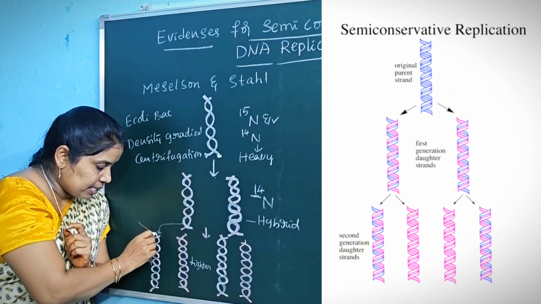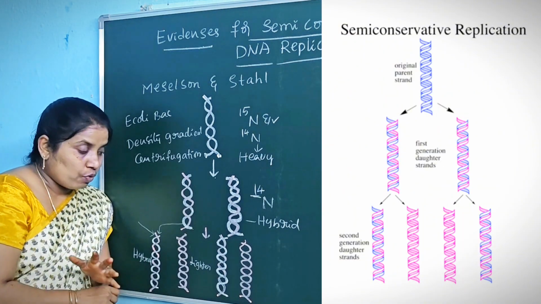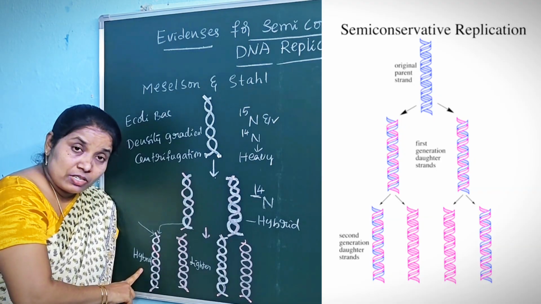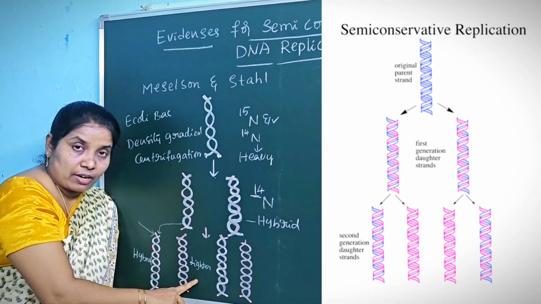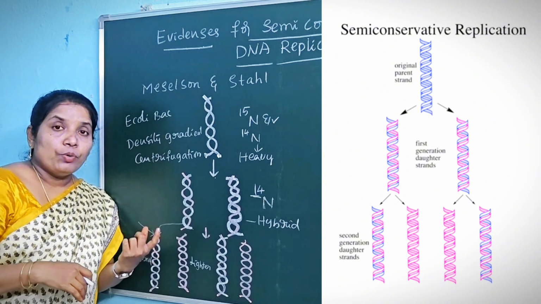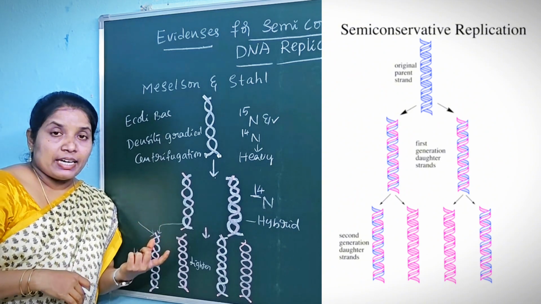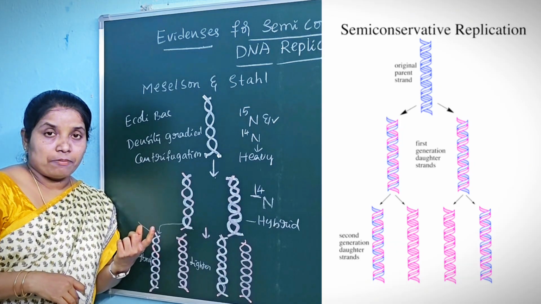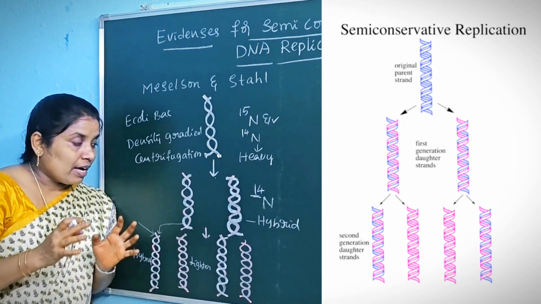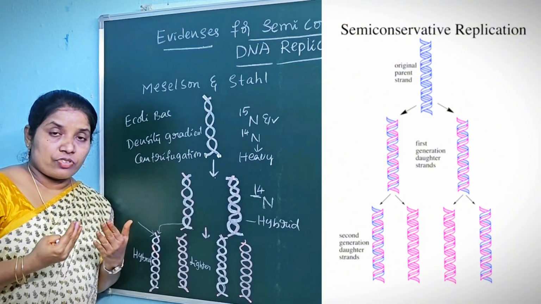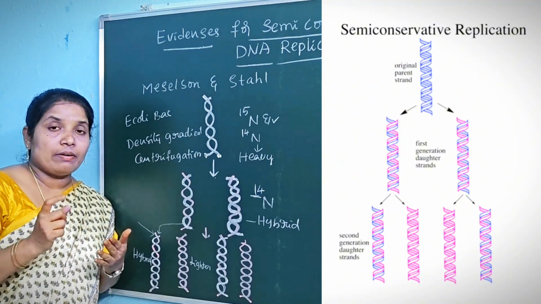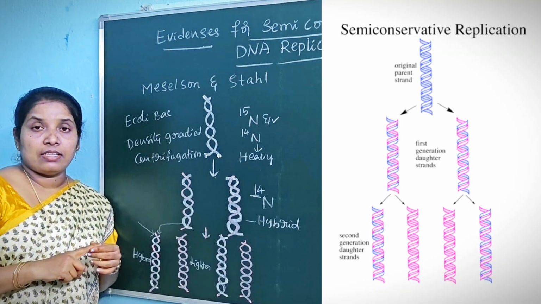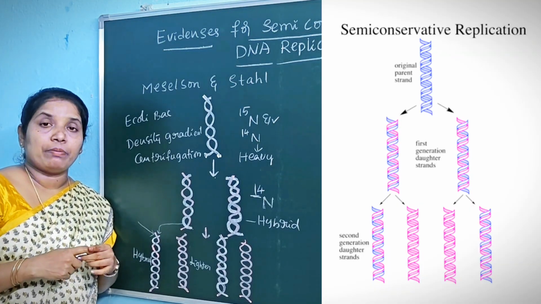So in the next generation they get hybrid and lighter DNA. This experiment proves that DNA replication is a semi-conservative mode of replication. Semi-conservative means the newly synthesized daughter molecules consist of one parental strand and one newly synthesized strand.